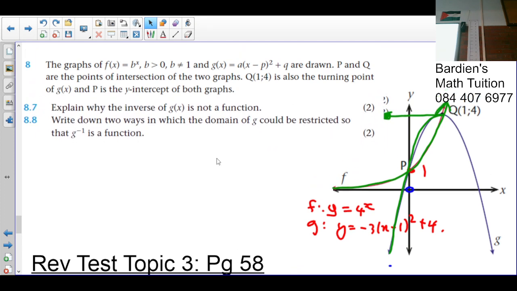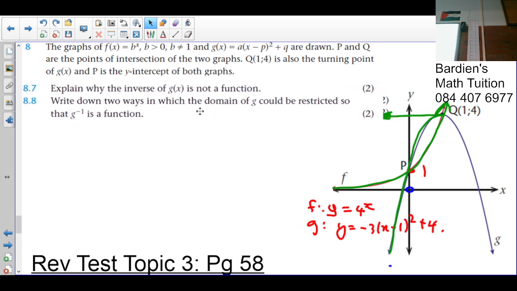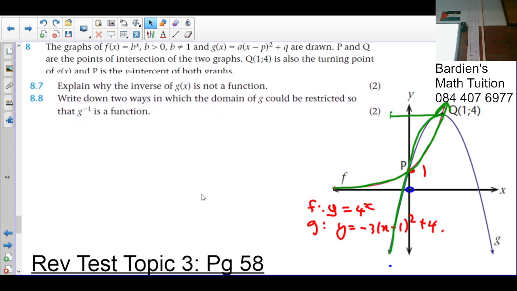So here we are told to explain why the inverse of g of x is not a function.